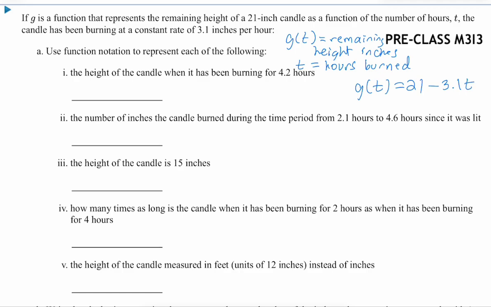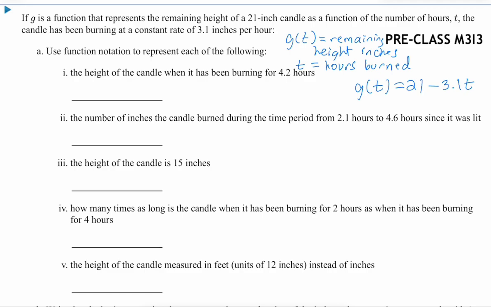Again, your function and my function might be slightly different. Maybe your candle's 20 inches, 19 inches. Maybe your rate of change is 3.1, 3.2, 3.4. Please change yours accordingly. So it says in the first bullet there, the height of the candle when it is burning for 4.2 hours.